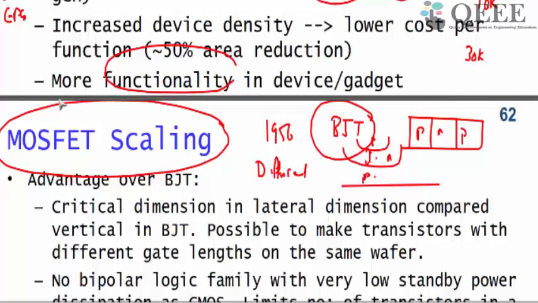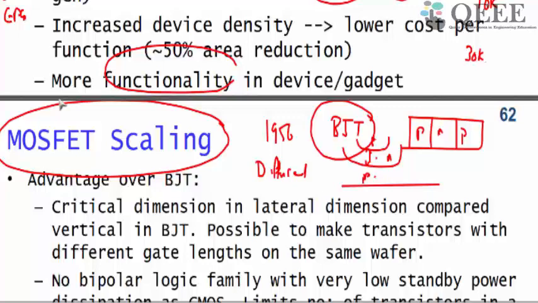Then you need to worry about all the thermal budgets very early, and you have to design the first transistor by taking into account the thermal budget of all the other 10 transistors. So it is very difficult to make bipolar junction transistors with different base widths on the same wafer.